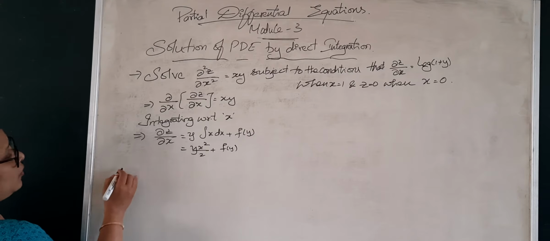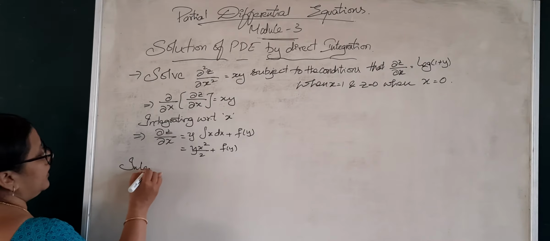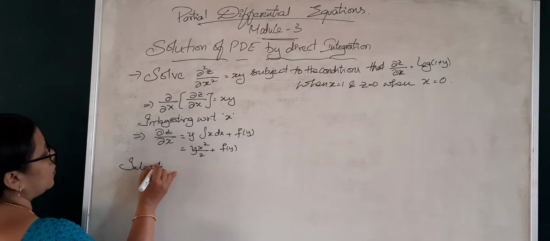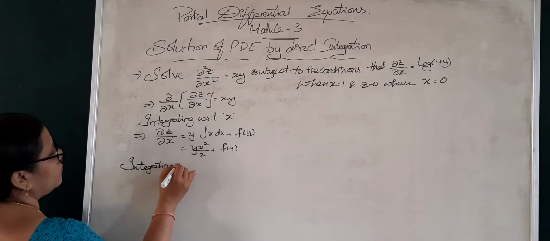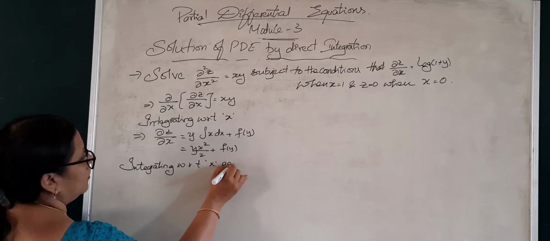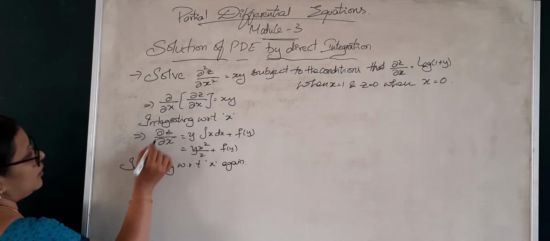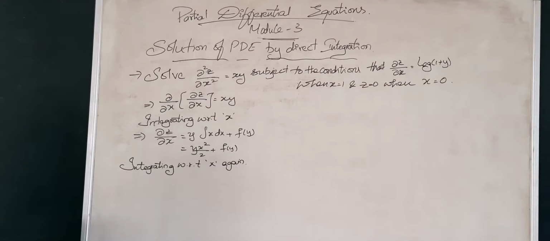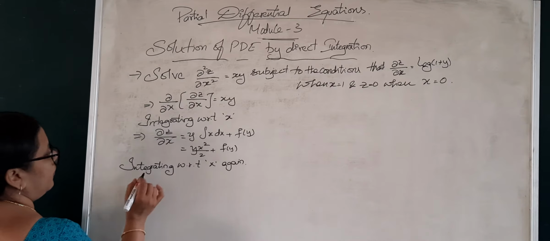Now to get rid of ∂/∂x, once again what do we do? Integrating with respect to x only. So we get ∂/∂x and the integral dx gets cut, and you will be left with the variable z.